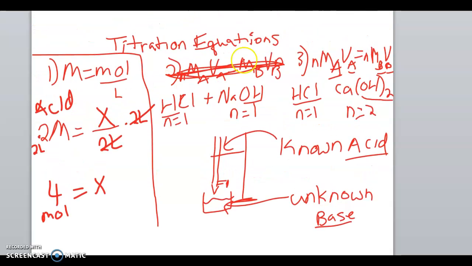So equation number 3 is for mixing. Number 1 is not mixing, it's just looking at a specific acid or a specific base and calculating its moles or concentration. You usually know the volume, but you could solve for volume too.